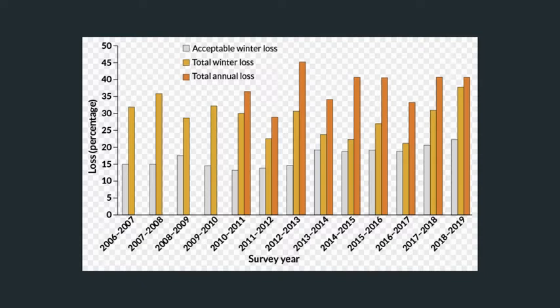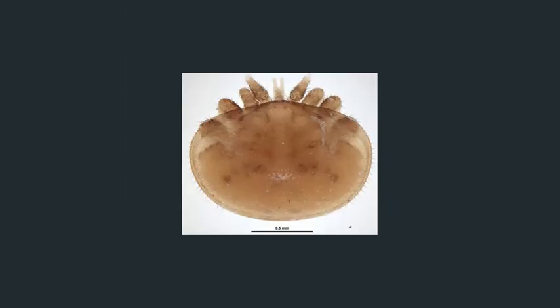At this stage, there's a whole bunch of different causes of colony collapse disorder, as we described here: environmental causes, biological causes, ecological causes. They include the Varroa mite, which is shown here in this slide.